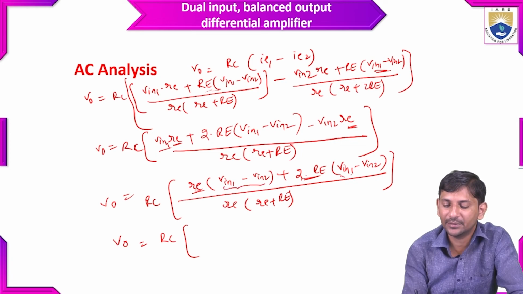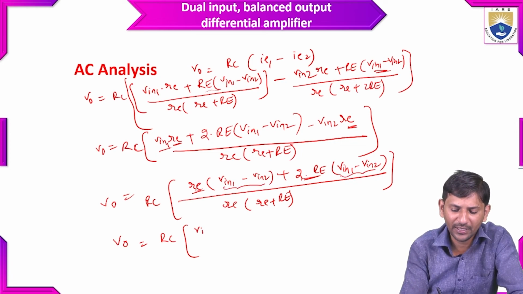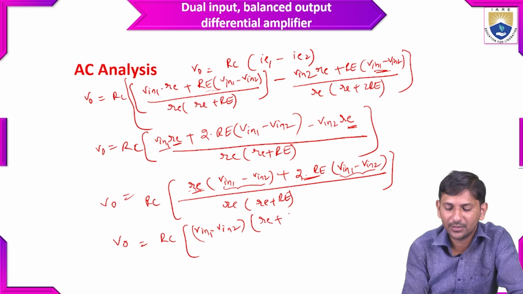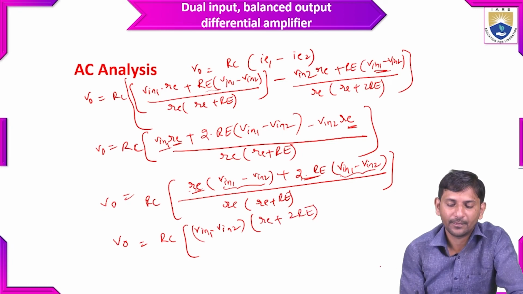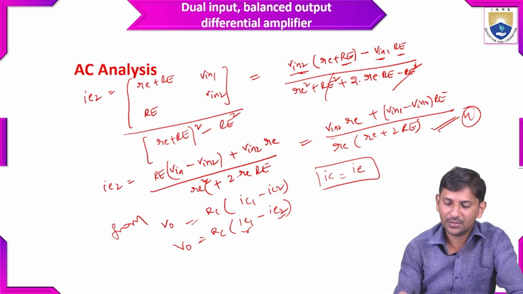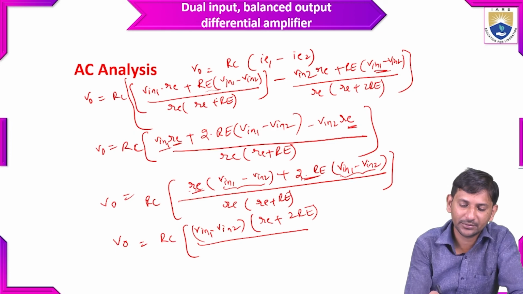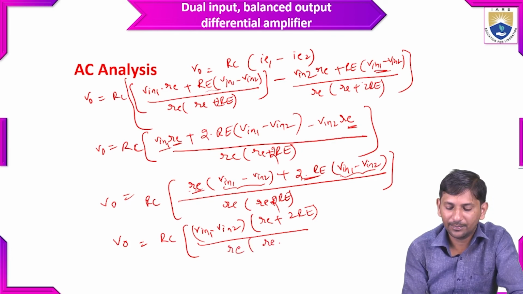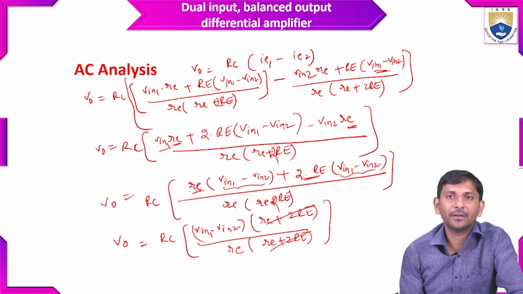These are the same terms, V in 1 and V in 2. So V in 1 minus V in 2, if you make it common, your expression becomes RE plus 2RE whole divided by 2RE, so the denominator becomes 2RE. Here it is 2RE. So RE into RE plus 2RE. By that, the numerator term and denominator term get cancelled.